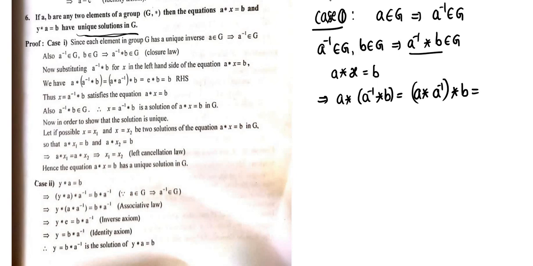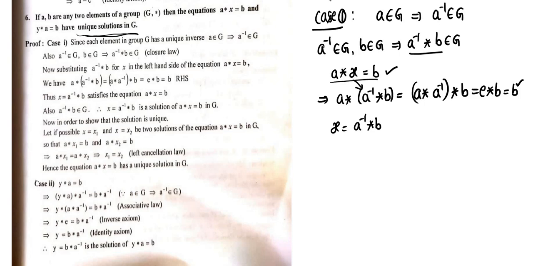We know the value of a * a inverse is e, so e * b equals b. This is the RHS.